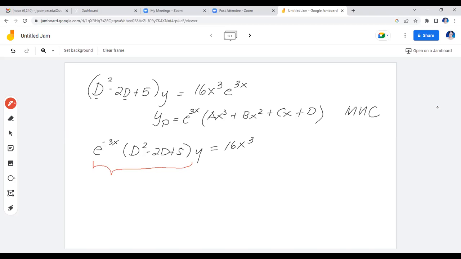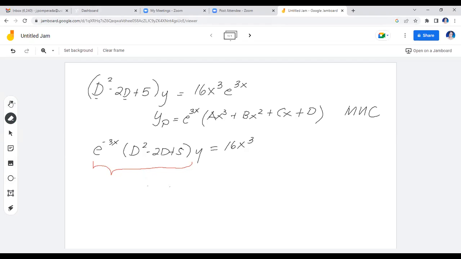Now, you will apply a formula for this, in which you have transferred the exponential function from the right to the left. Now, what is the formula? So it would be something like this. I'll write it here on the right side, so you will see the result on the right side.